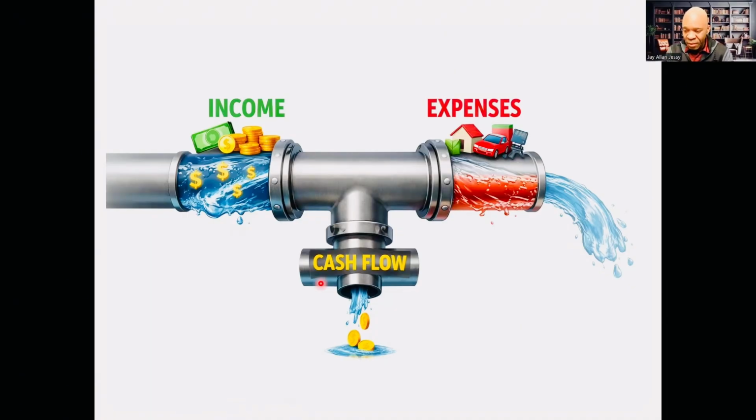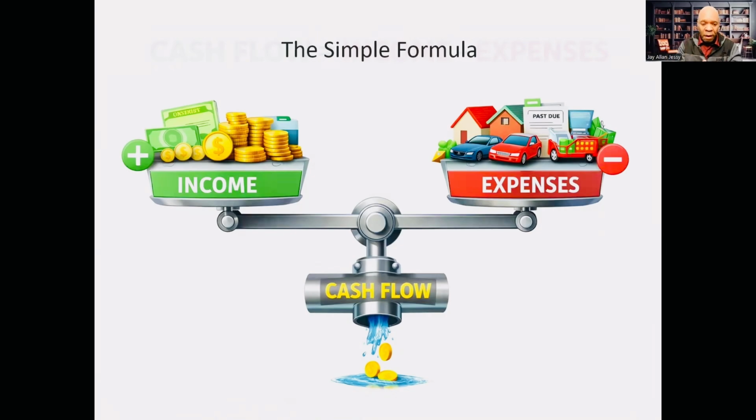In simplicity, money comes in, money goes out, and whatever is left, whatever is missing at the expenses, is what you can save. And that's what you call cash flow. In a very simple formula, cash flow simply means money in minus money out.